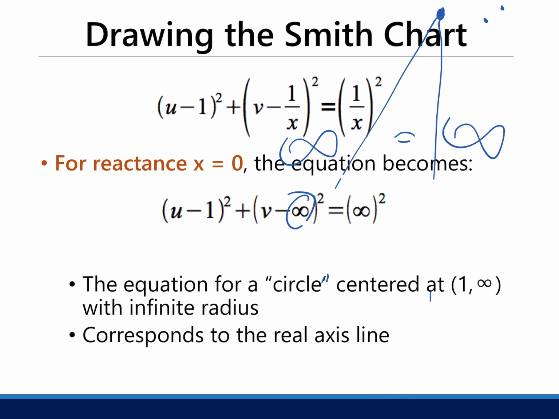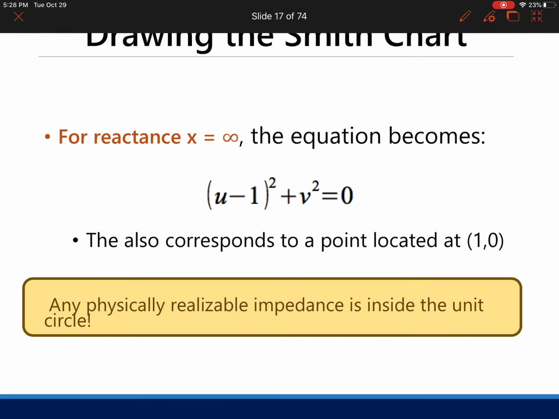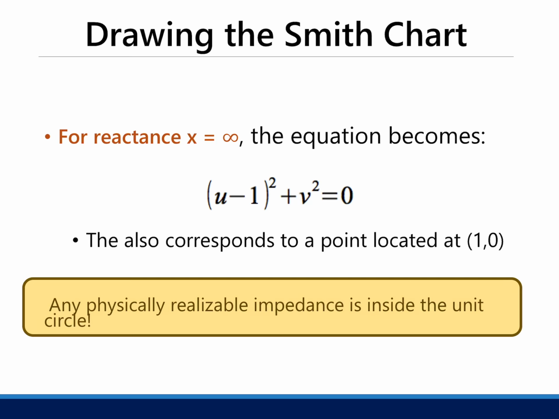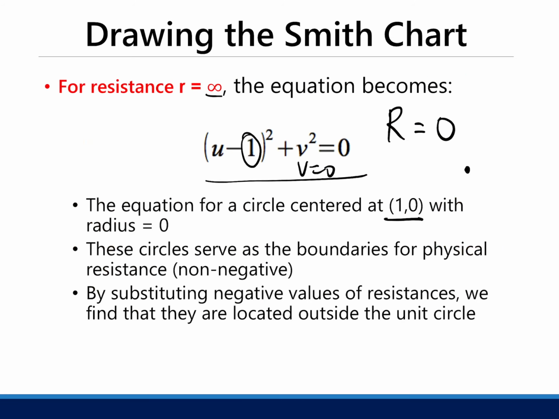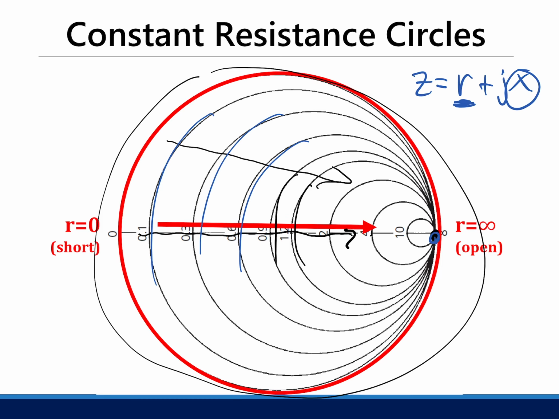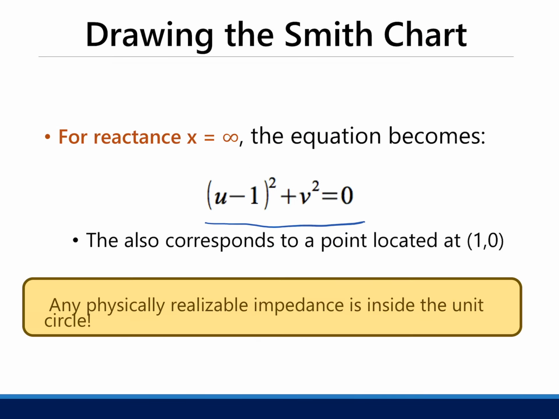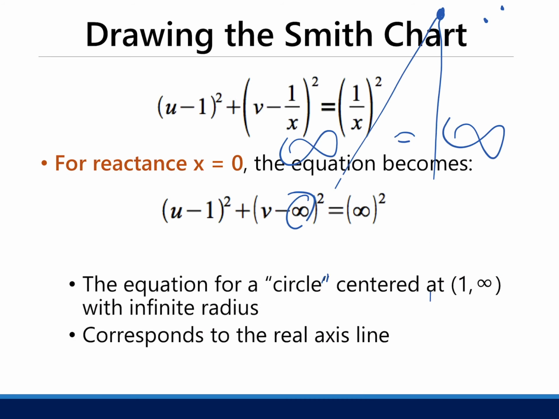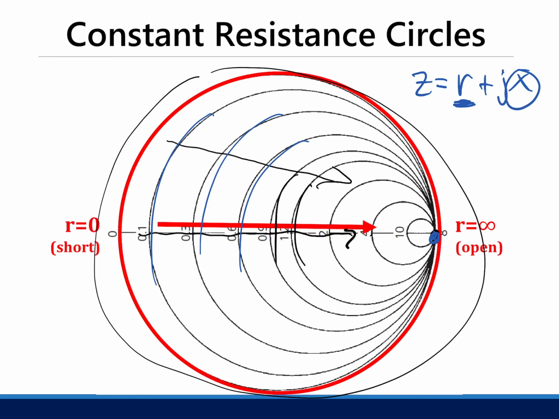When you have an open circuit, your constant reactance circle would just be a point, the same point as what you got earlier for a constant resistance circle. So it's this point. Anything in between is a constant reactance circle, or could have any reactance rather.